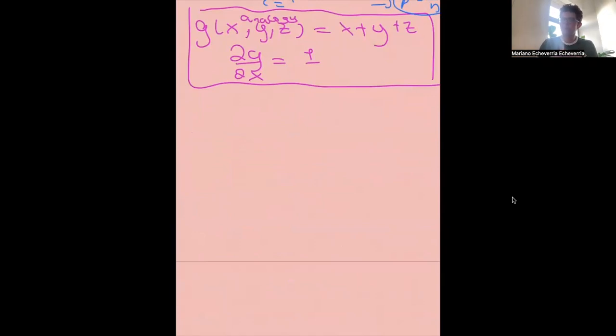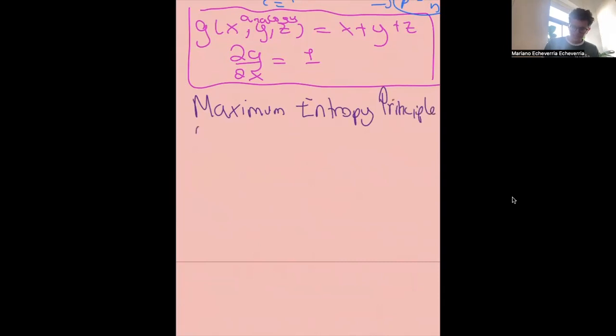Okay, so I'll tell you now about the maximum entropy principle. This idea probably has a longer history, but at least stated in this way, it was stated by Jaynes. But a version of that is probably more or less what Boltzmann and other physicists had in mind.